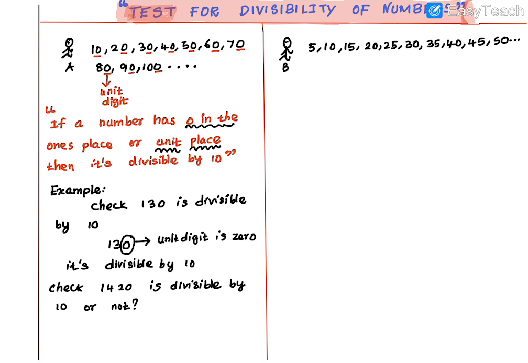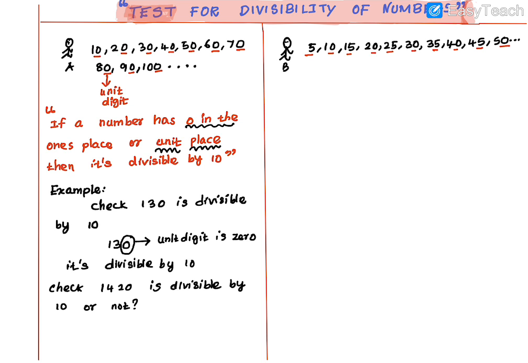What is the major pattern you observe? If you look at the unit digit, which number is repeating again and again?